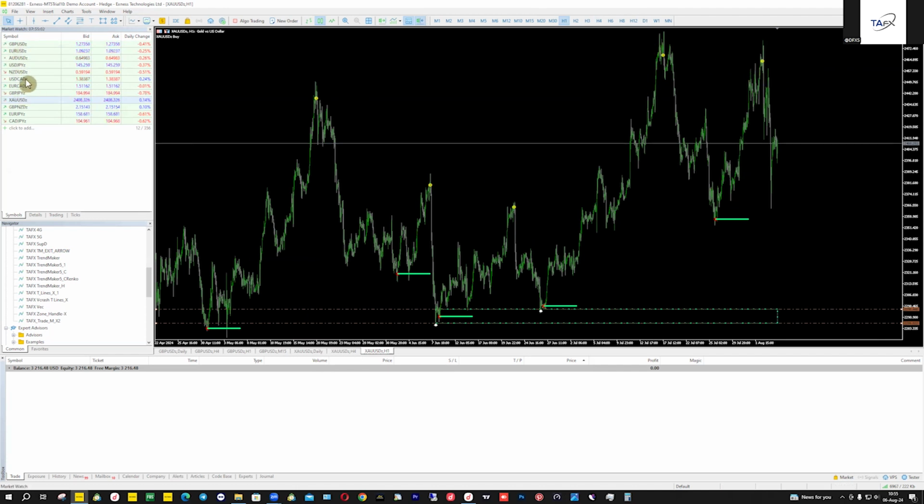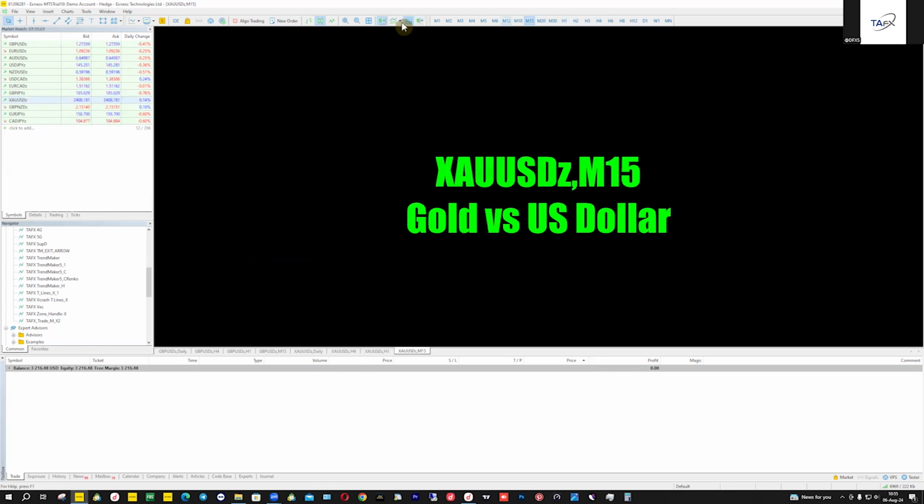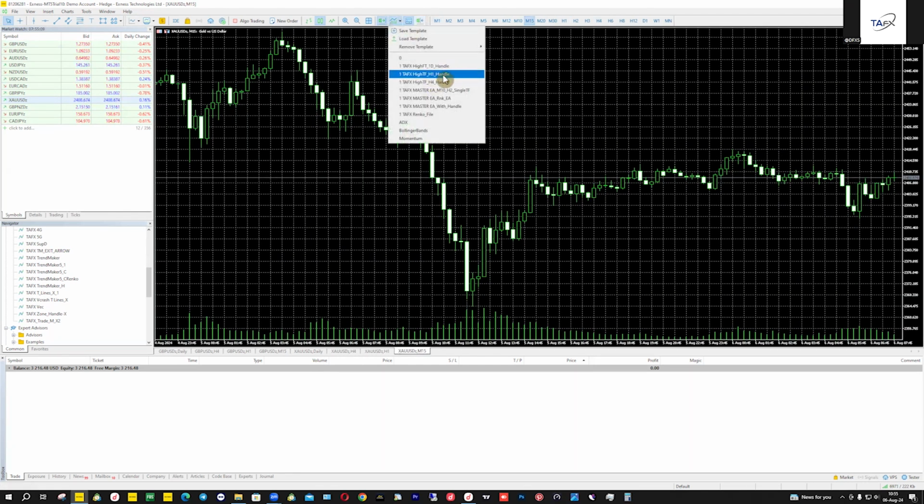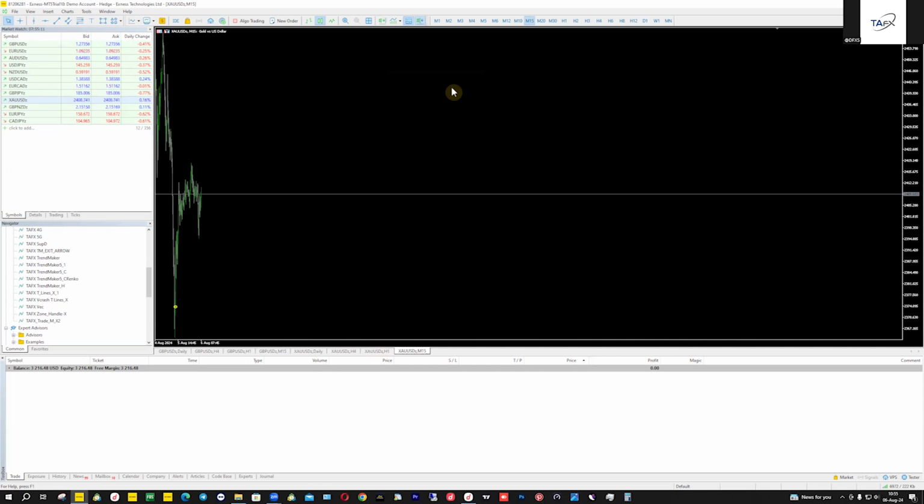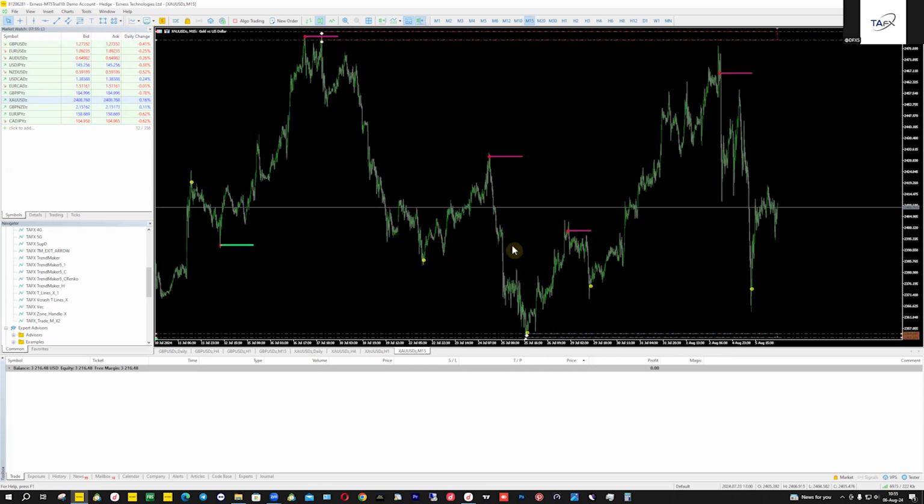But let's check gold in 15 minutes, maybe there was an indication of a strong pullback here, or nothing. It is still a bullish market here, but because we have this trend break at this point, it was also an indication of a pullback, but it was not as strong as the combination of supply at this point and also a trend maker.